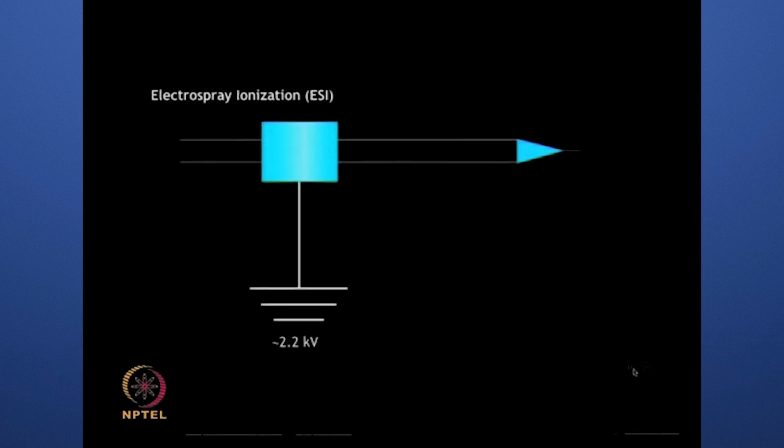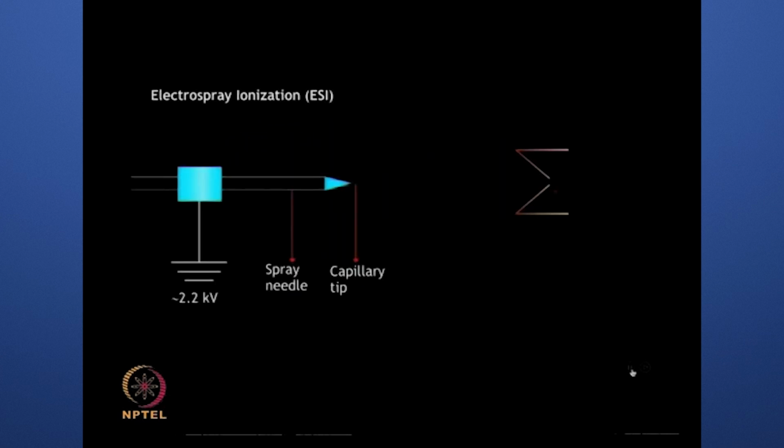In electrospray ionization, the sample is present in liquid form and ions are created by spraying a dilute solution of the analyte at atmospheric pressure from the tip of a fine metal capillary, creating a mist of droplets.